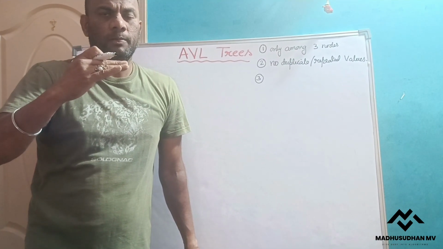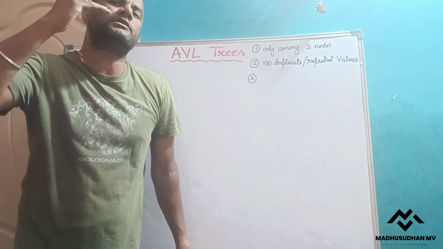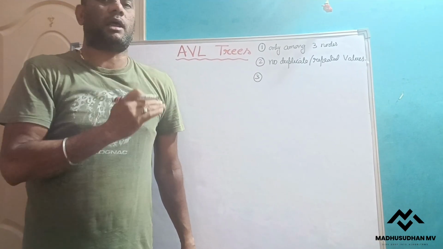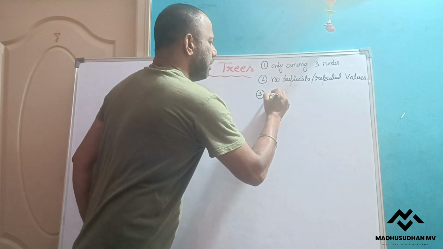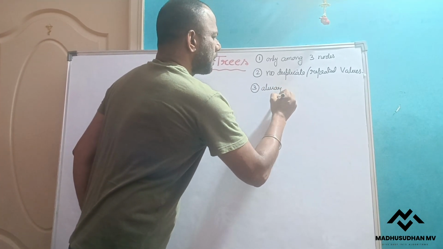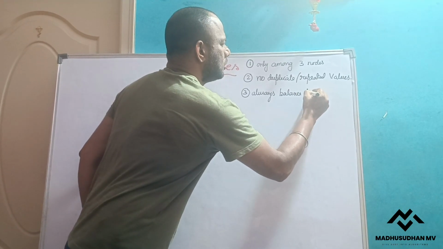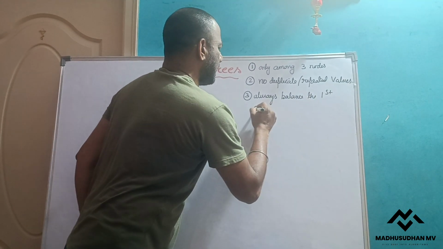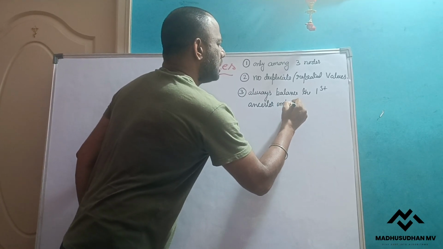From the leaf node you keep moving towards the root node. Whenever you find the first ancestor imbalanced node, that we need to balance. Always balance the first ancestor imbalanced node.